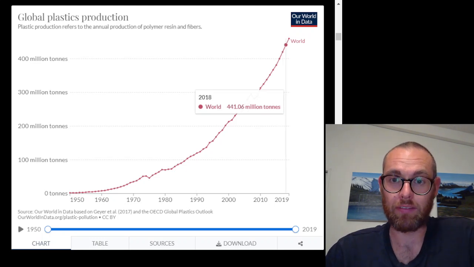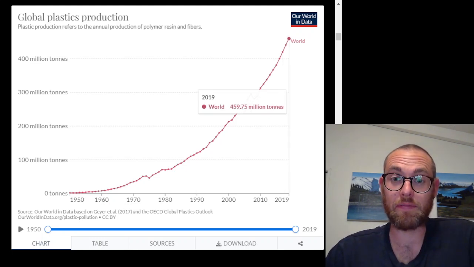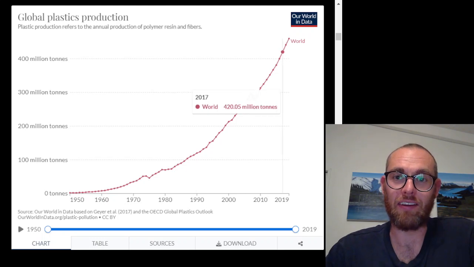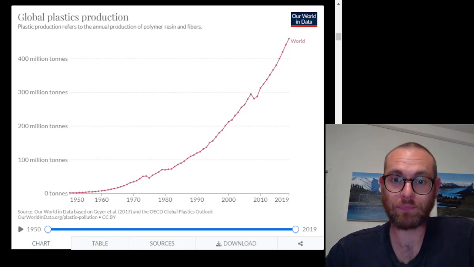It's kind of scary how perfect that exponential curve is. And it doesn't seem to stop at all, right?